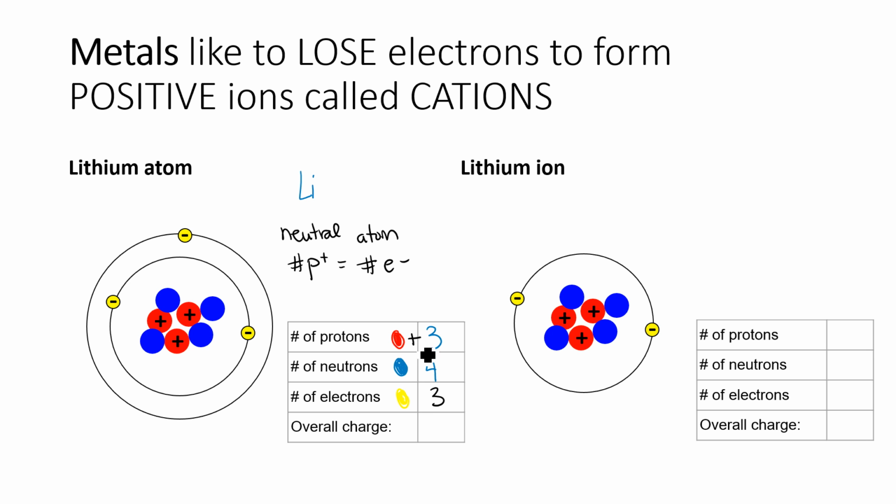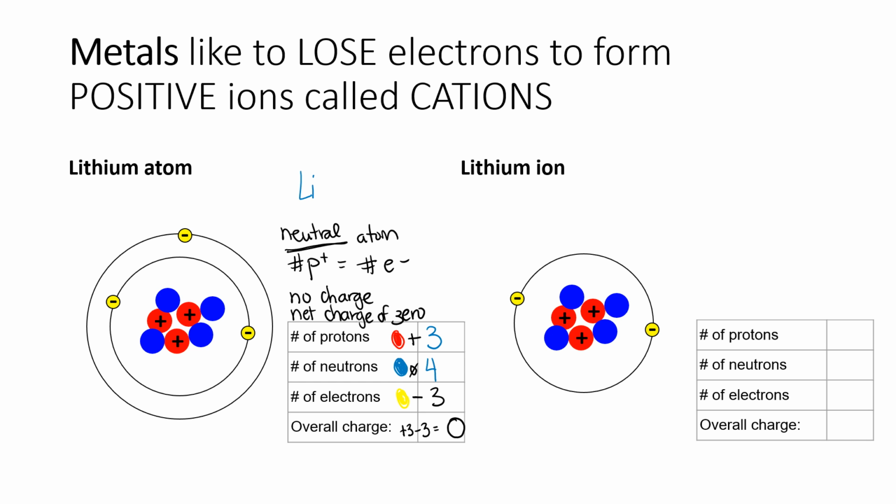Protons have a positive charge, electrons have a negative charge, neutrons have 0 charge. So when I look at the overall charge of this atom, I've got 3 positives and 3 negatives. The overall charge is 0. That's what we mean by neutral: it has no charge, or you can think of it as having a net charge of 0.